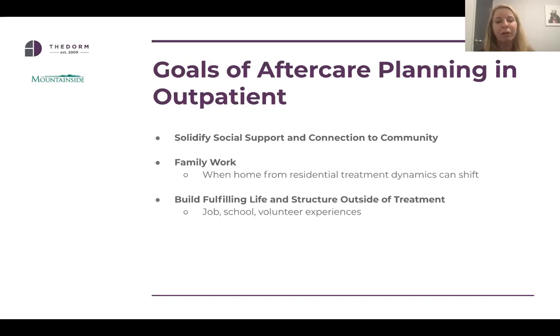So whether a client is 16, 25, 40, or 60 years old, involving the family in outpatient care is critical to effective aftercare planning. If the family is a part of their support network, then that family needs to be involved in the plan.